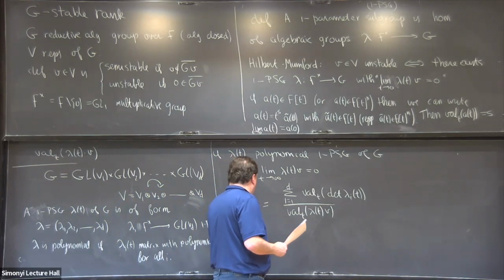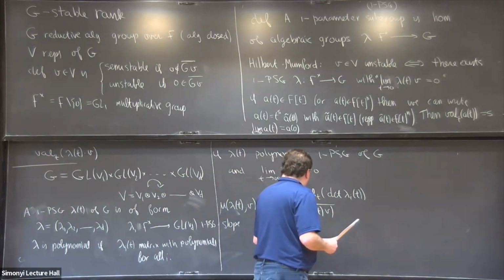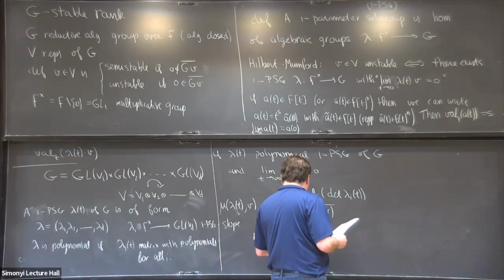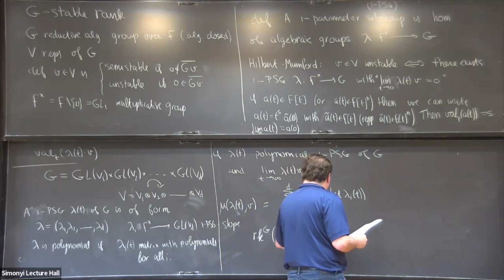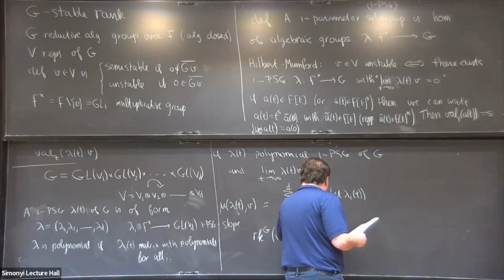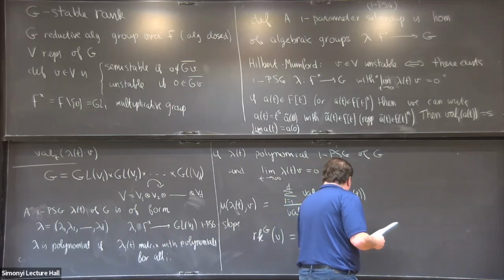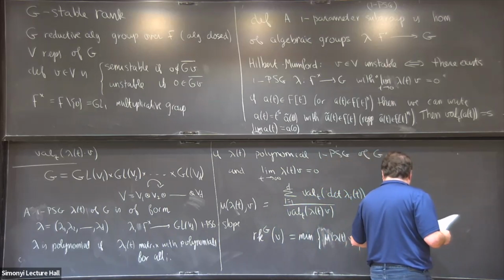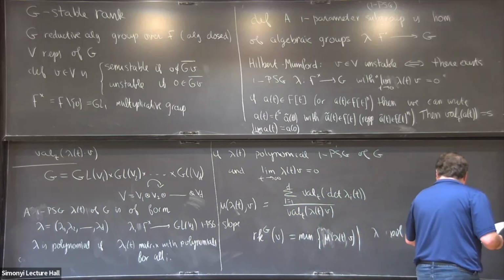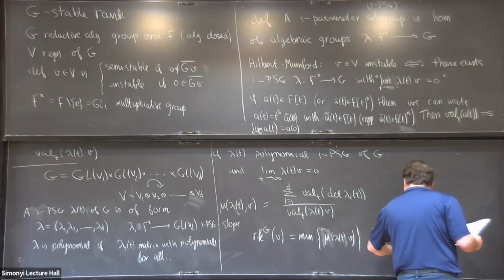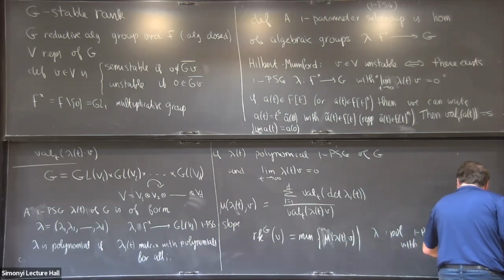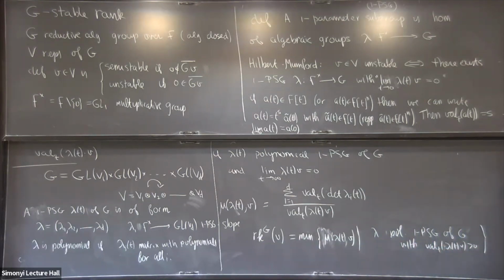So the G-stable rank of V is the smallest possible slope mu(lambda(t), v) over all lambda polynomial one parameter subgroups of G with t-evaluation of lambda(t) v positive. So that's the definition of G-stable rank.